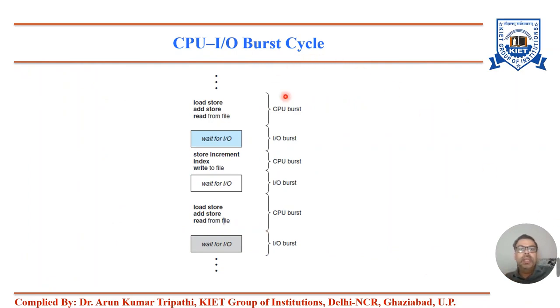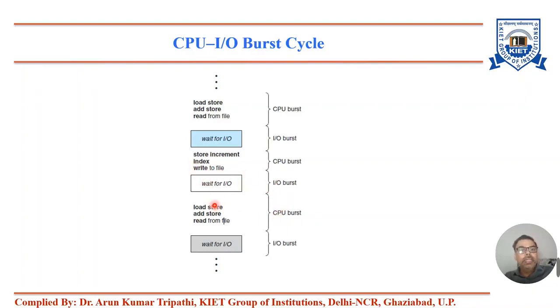Here, the CPU burst is load, store, add, store, read from the file. So this is known as the CPU burst. And then after that the IO burst, it is waiting for the input output, for example, waiting for the printer. Then after that, store, increment index register, and write to file. Then as it has to write the file, it means it has to wait for the IO.